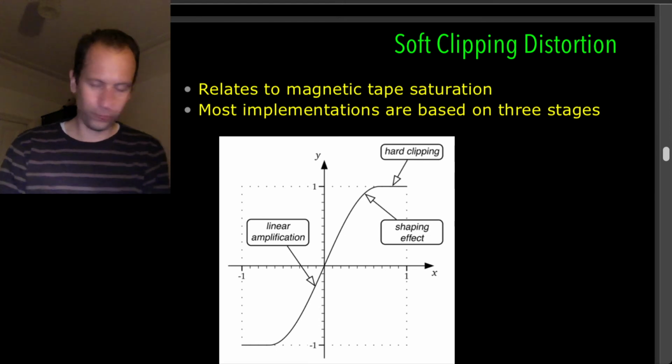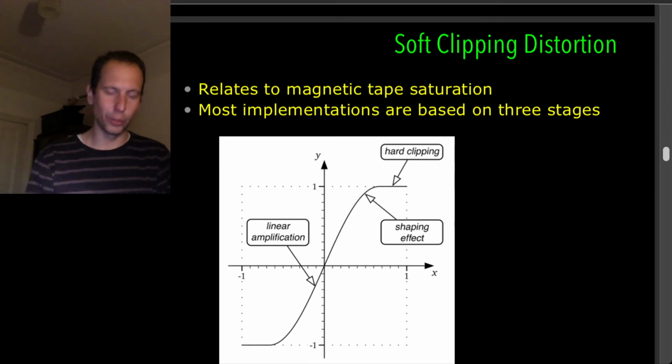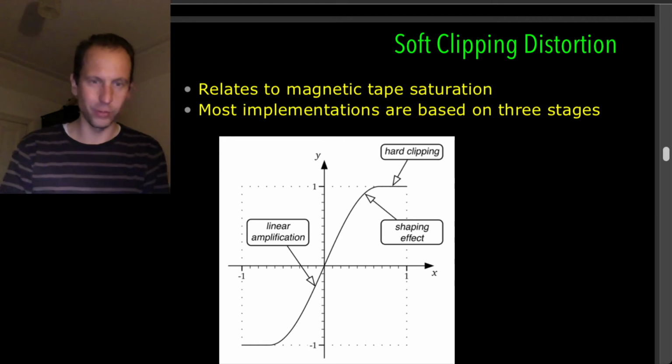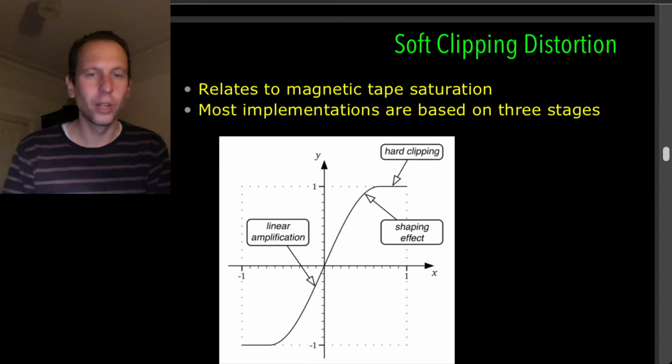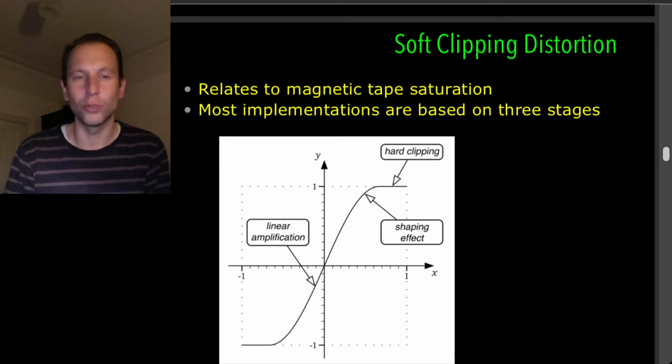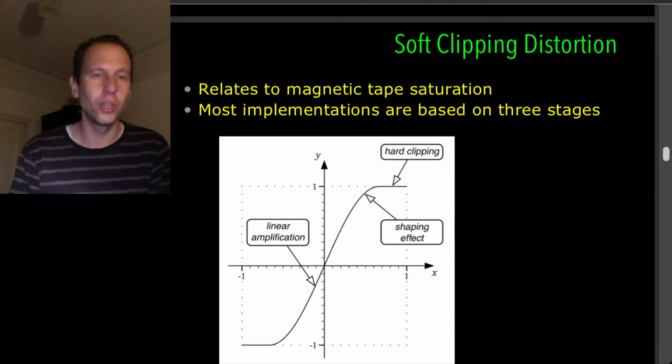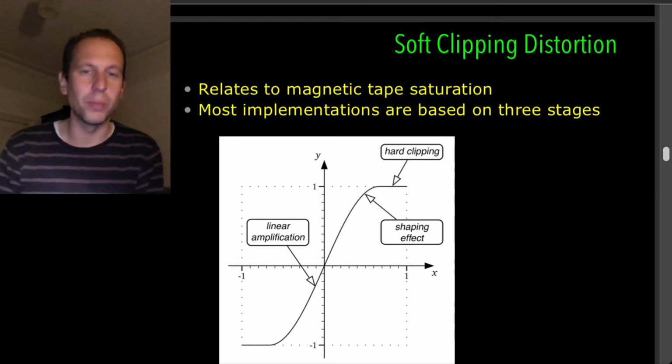Okay, so basic textbooks on signal processing for audio will typically reference this type of curve, which actually is produced by three different stages: the linear stage, the curved stage, this shaping bit, and the hard clipping bit.